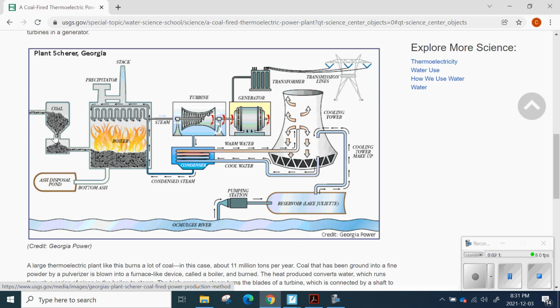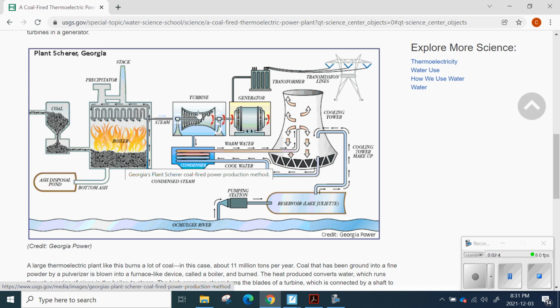So we take that coal and we burn it, combustion reaction, and that converts the chemical energy into thermal energy. So that thermal energy is then used to heat water, high pressure steam, that's going to be passing through these pipes. So now it's kinetic energy. Okay, so chemical energy to thermal energy to kinetic energy because the steam is being forced through this plumbing.